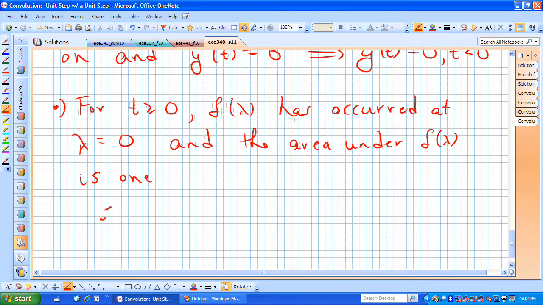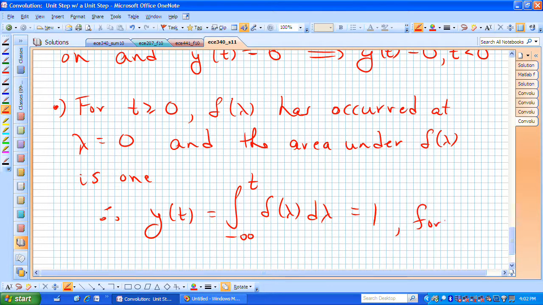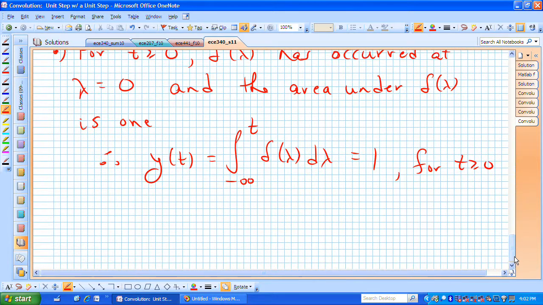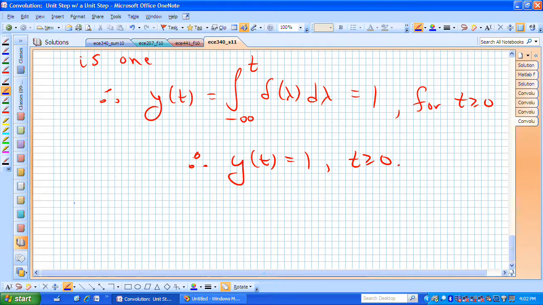Which now says that y of t, when the upper limit t is greater than or equal to 0, and we are evaluating this integral, then that's going to be 1 for t greater than or equal to 0. Or we now have y of t equal to 1 for non-negative values of t. And that's now giving us what we wanted.